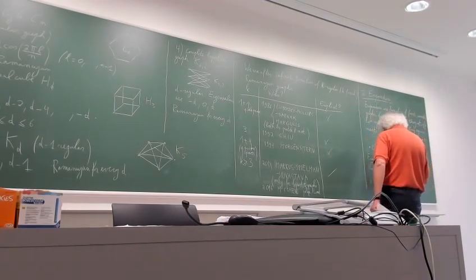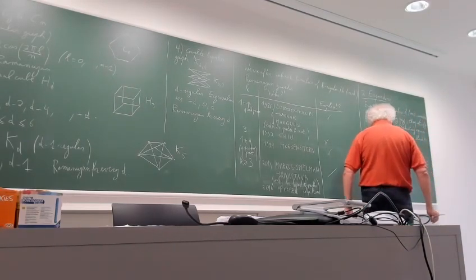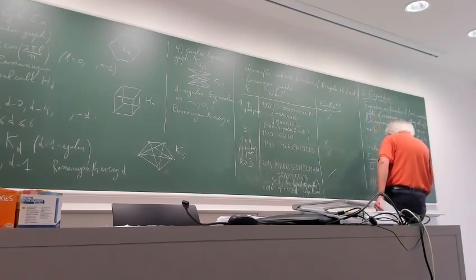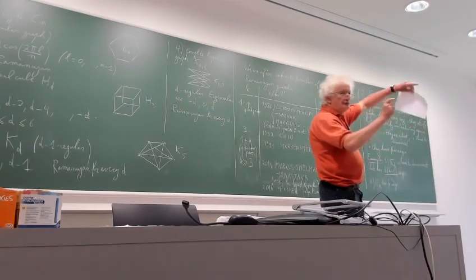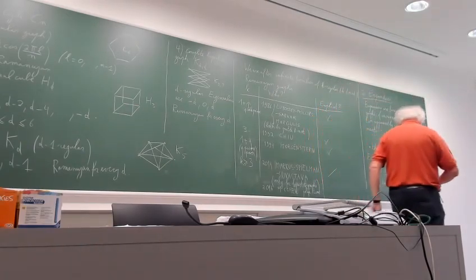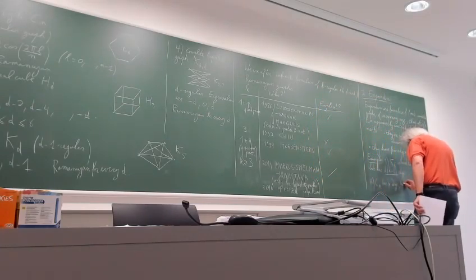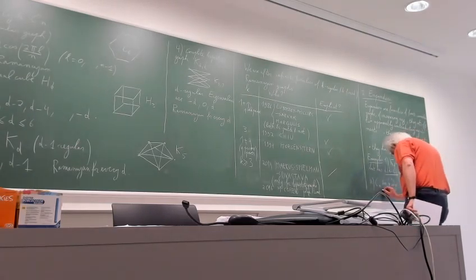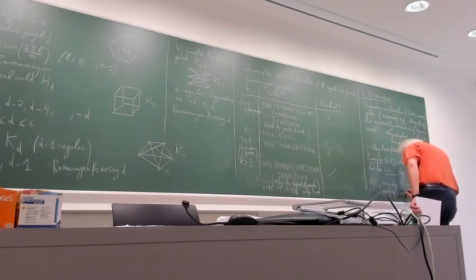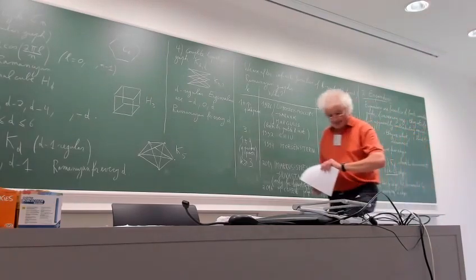Well, if you look at a cycle, C_n, this one has few edges, n edges, but you just remove two edges and you disconnect it.